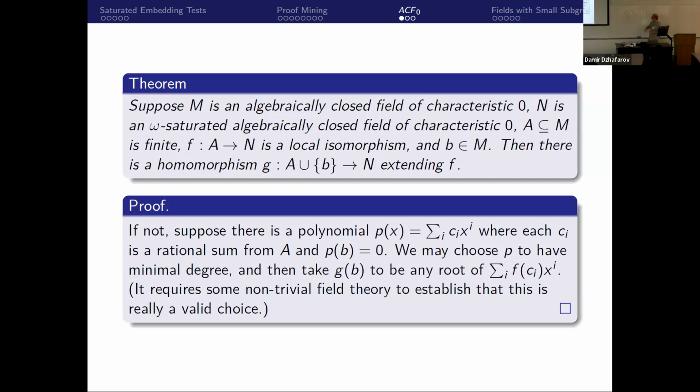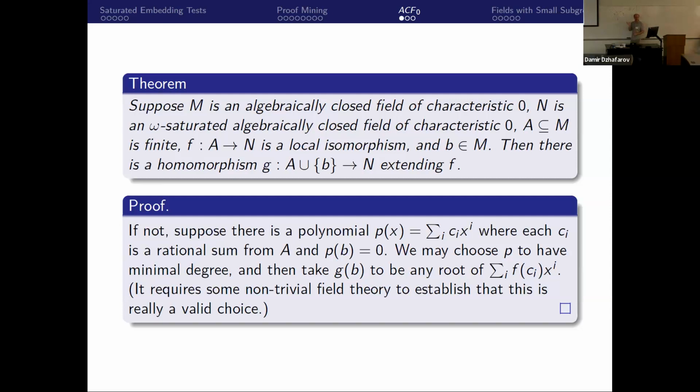Which means this element a satisfies a polynomial over the field generated by these elements, a polynomial whose coefficients are ratios of the kind from the previous slide, so that a is a root of the polynomial. Then you choose P to have minimal degree, and you take the image of a to be any root of the image of that polynomial.